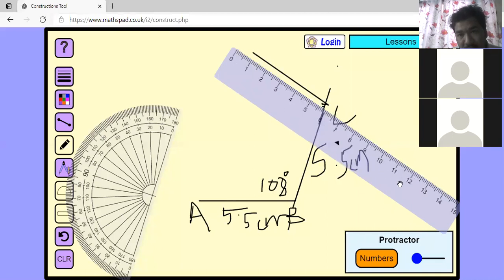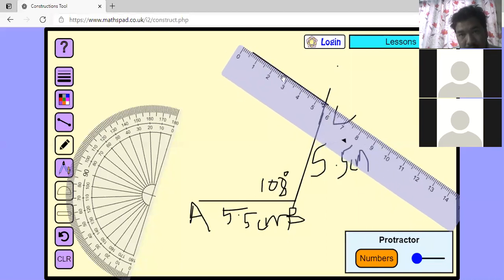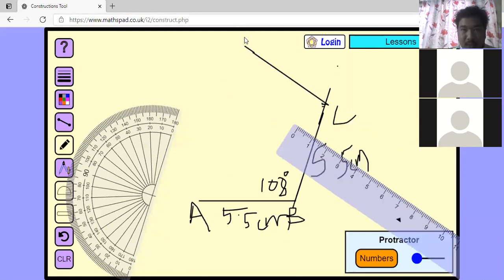It must be 5.5. And now this point will be what? This point is D. You can write the name D.